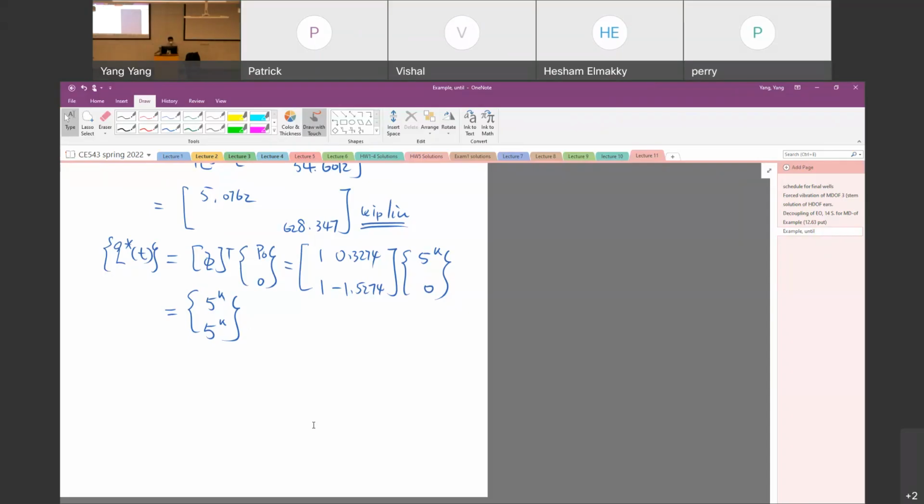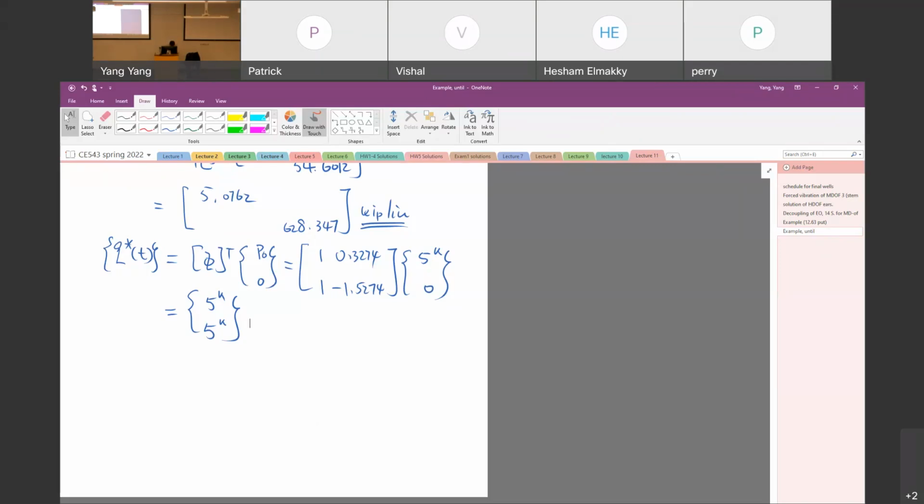Any questions up to here? Is 5 kips given in the problem? Yeah, 5K is given. So 5K is a constant force from time equal to 0 to forever.